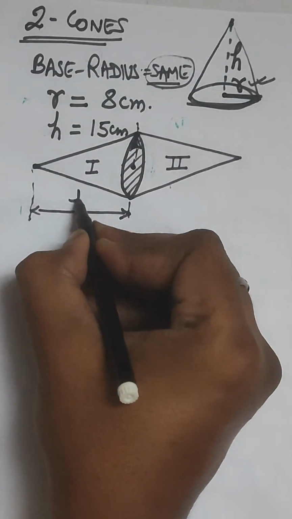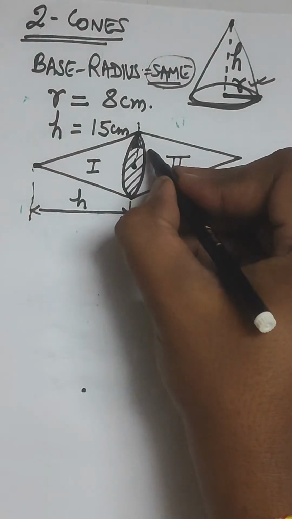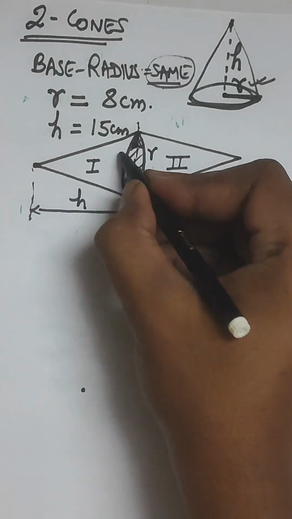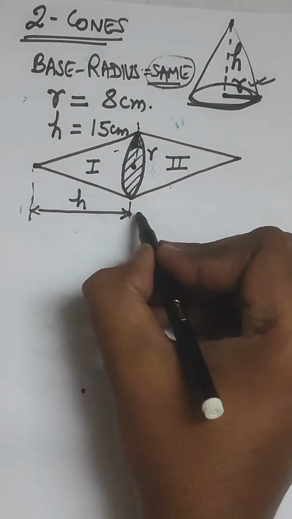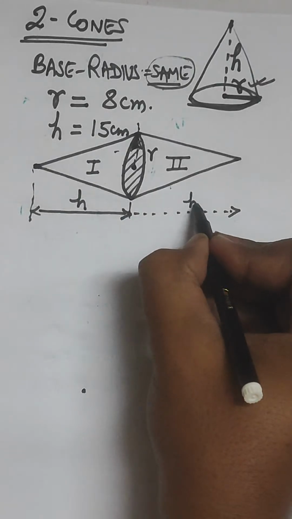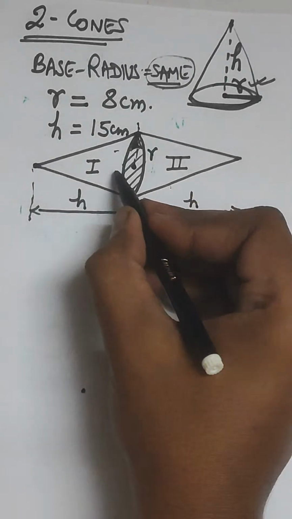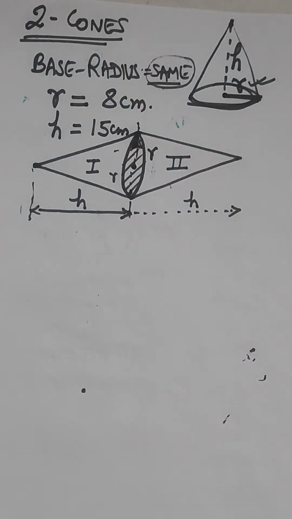This will give you the h, the height of the cone, and this will be the r. R and h of both the cones are the same. Now we need to find the surface area of the shape so formed.